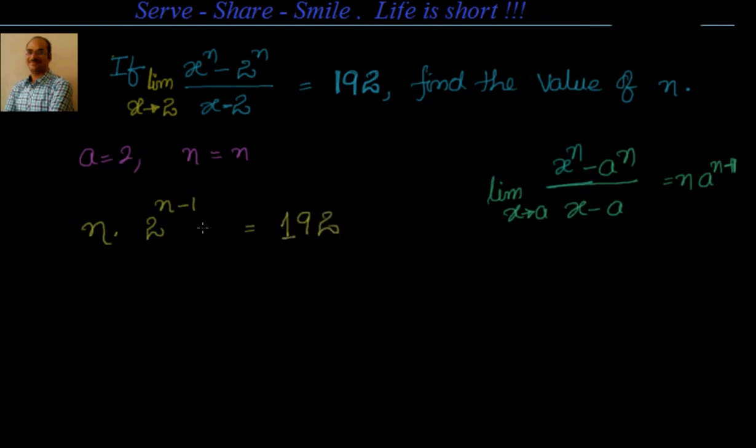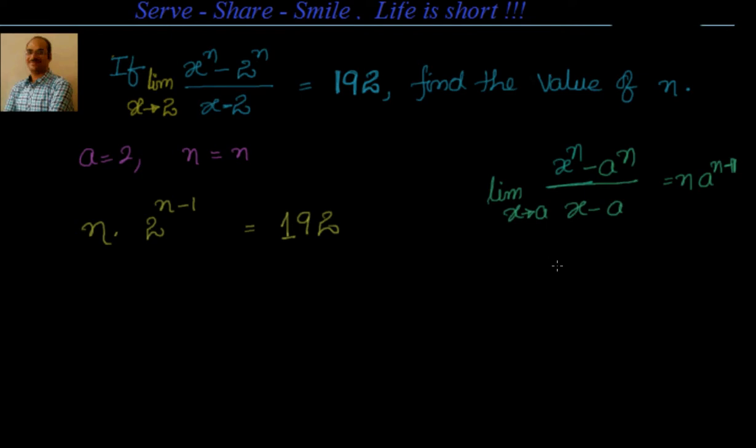Now we will go by trial and error and see what are the values of n which will satisfy this. We know that we have to multiply 2 to the power of a positive integer with the integer to get 192.